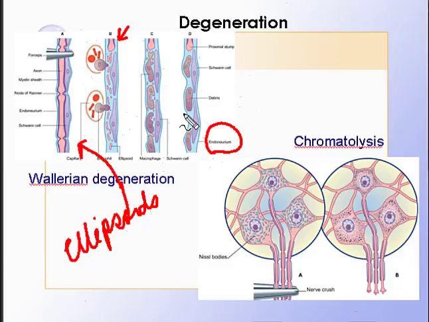Now these macrophages, which were originally monocytes and which came in to remove the cell debris, are really important in the peripheral nervous system, because later on, as you'll see in regeneration, these macrophages bring in factors which are known as trophic factors, which are feeding factors, and they also bring in tropic factors, which are guidance factors.